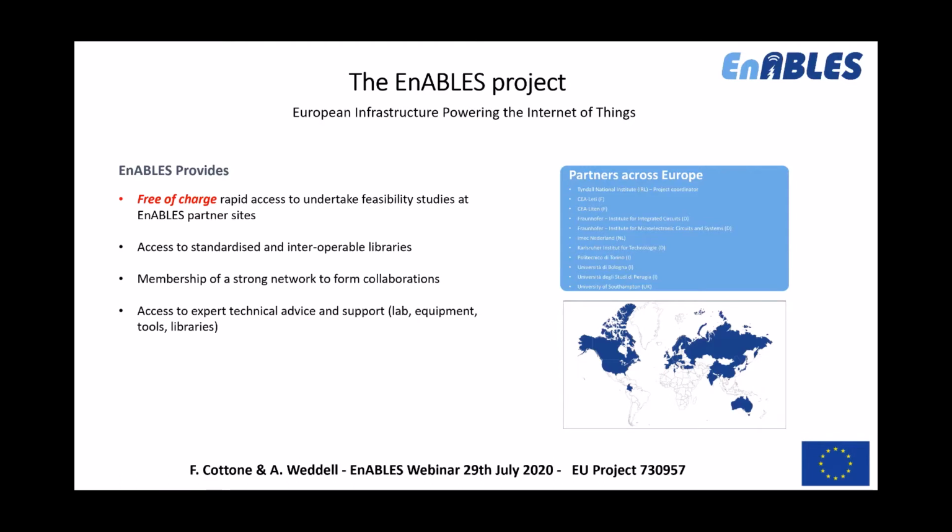For researchers that want to start a new feasibility study or new projects on energy harvesting or on power management and energy storage, all the technologies that can enable the Internet of Things. So we all know that today wireless sensor networks are possible only if we solve the problem of the powering.